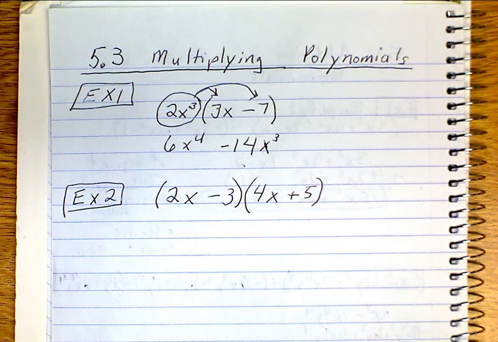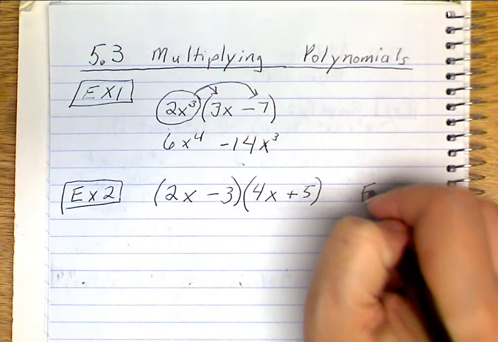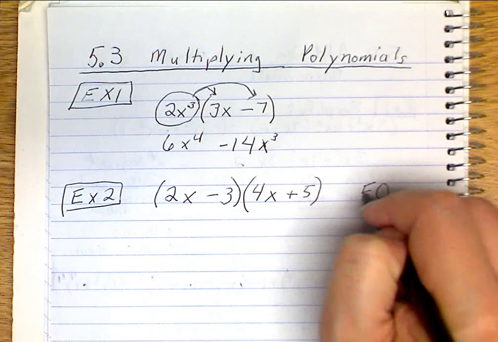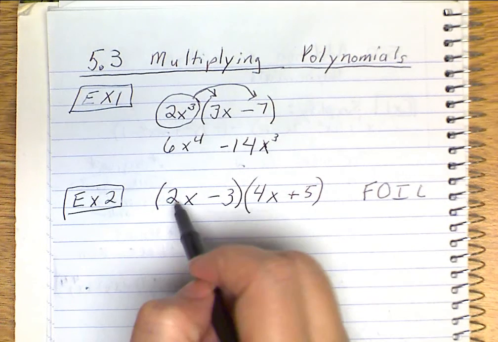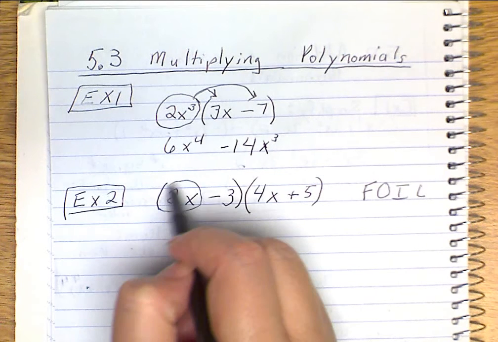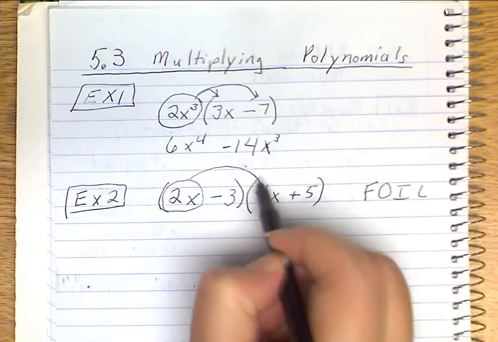When you do this, some of you might have heard of FOIL. How many of you have heard of FOIL? The way I learned it, FOIL is first, outer, inner, last. If you don't know FOIL, you can just think of it as taking this one and multiplying it to both of them.